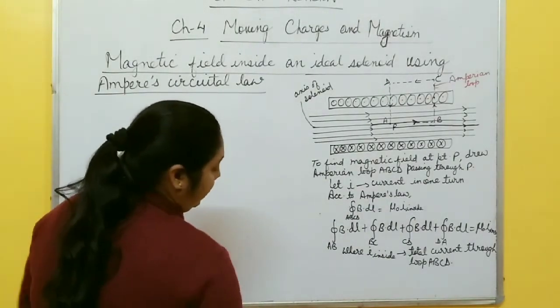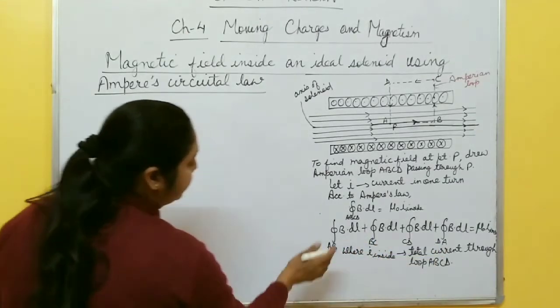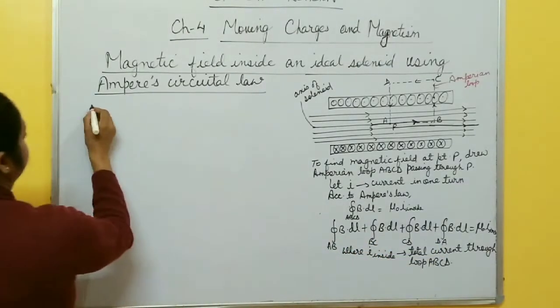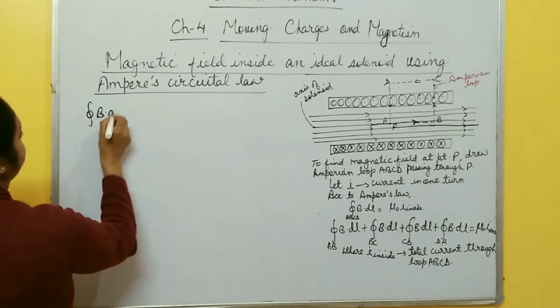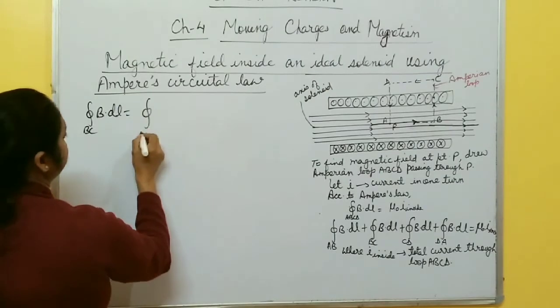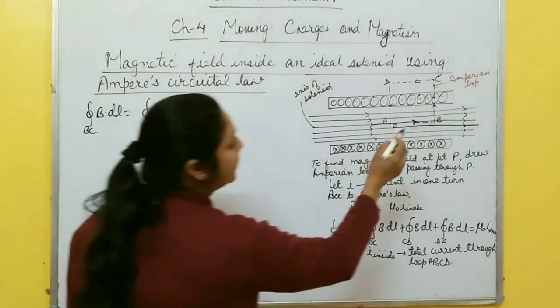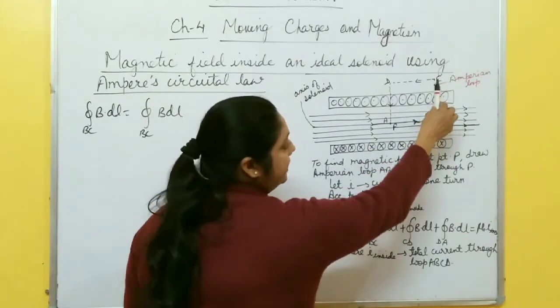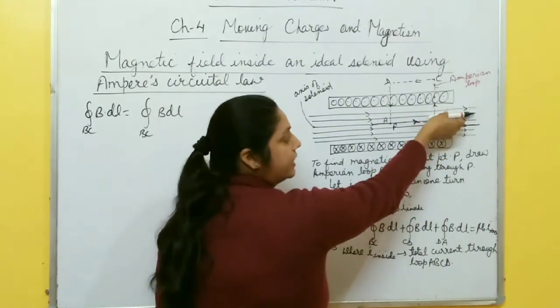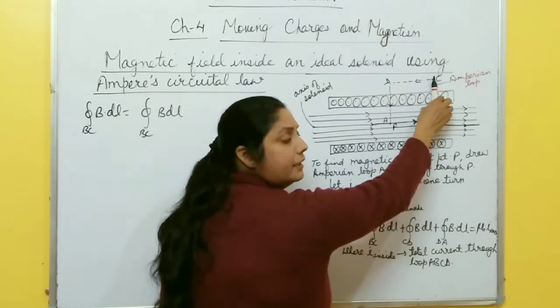Now, you have to find B dot dl along AB, BC, CD and DA separately. First, B dot dl along BC. What is the value of B dot dl along BC? The magnetic field is in this direction and the loop element is in this direction. Both are at 90 degrees.